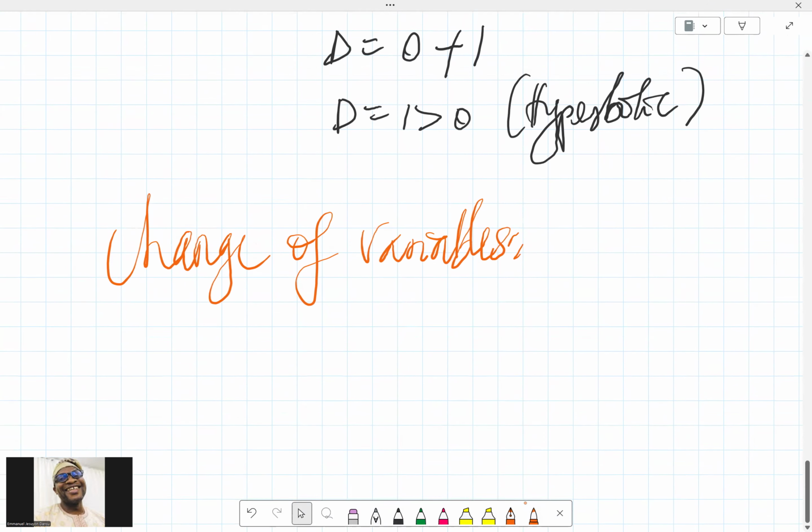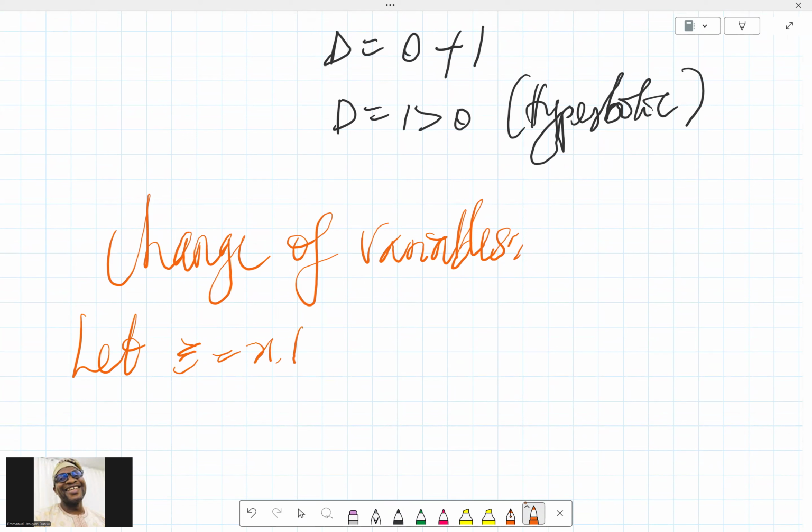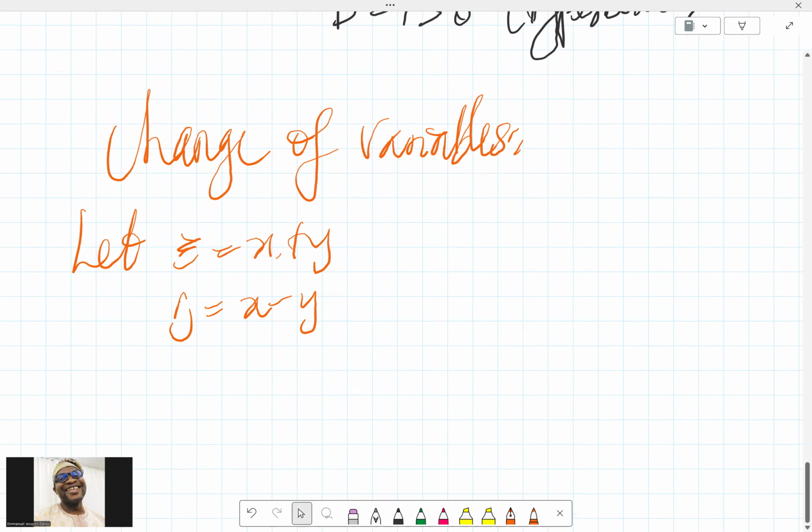So for the change of variables now, we say let psi be equal to x plus y, and let eta be x minus y. Okay. So we want to replace all the x's and y's.